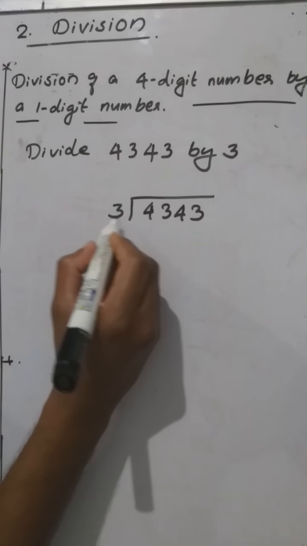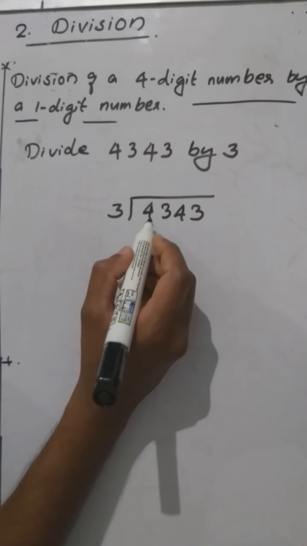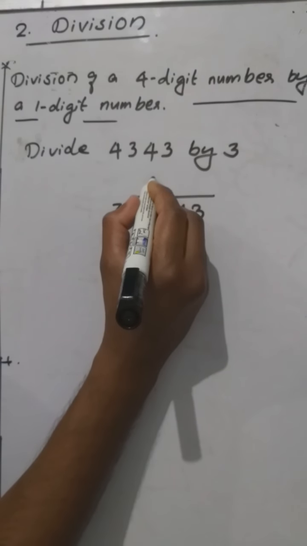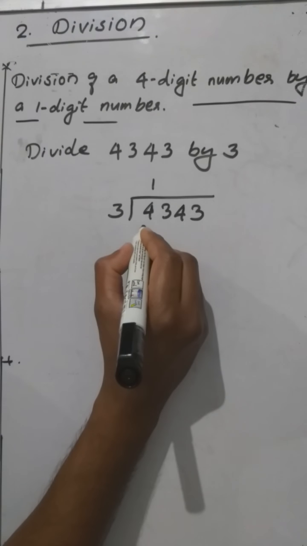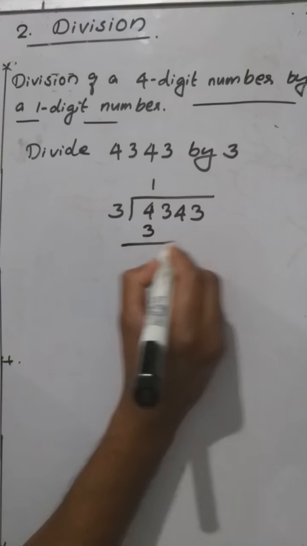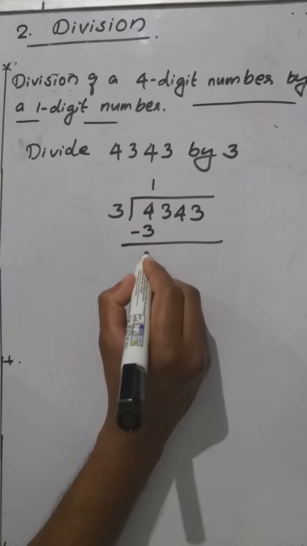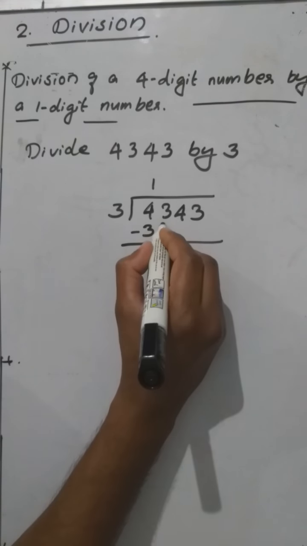First we have to check how many 3's are there in 4. Only 1 3 is included in 4. So we can write 1 and subtract 3 from 4 and we got 1.